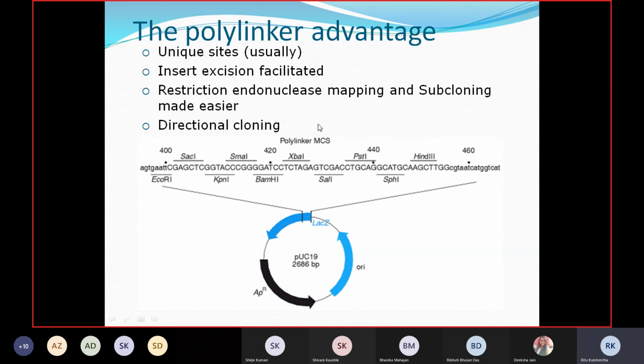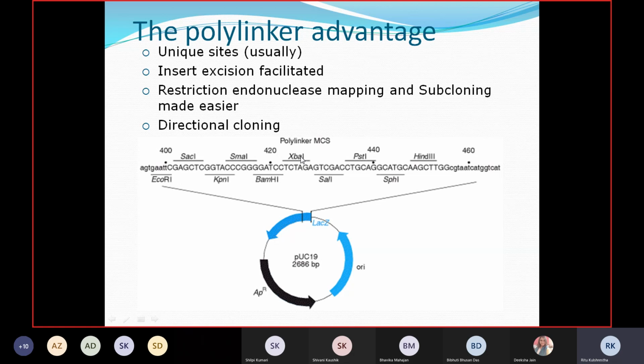And if you want to do restriction mapping, even that you can do by the various enzyme sites which are present on either side. And if you want to know the directionality of a clone, even that option is there, which we had discussed previously also. Let's say you had no option but to clone only in XbaI.